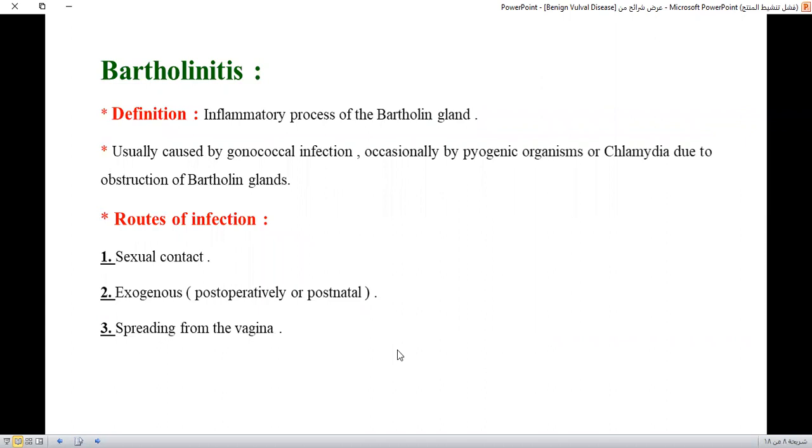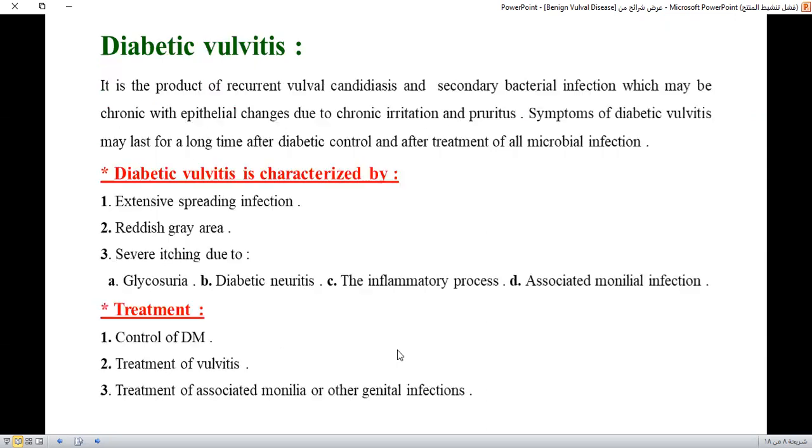To repeat, Bartholinitis is an inflammatory process of the Bartholin gland caused usually by gonococcal, and rarely or occasionally by chlamydia or pyogenic organisms. Route: sexual, postnatal, post-operative, spreading from the vagina.